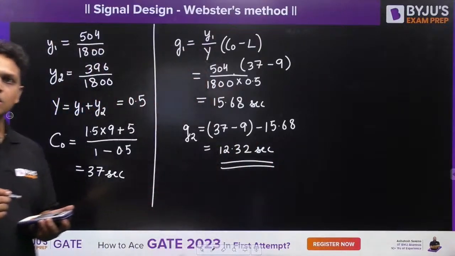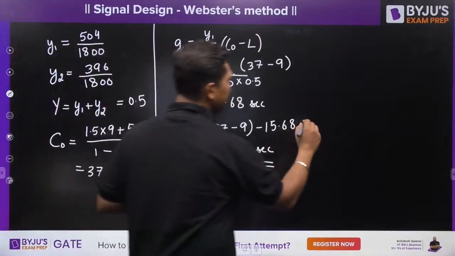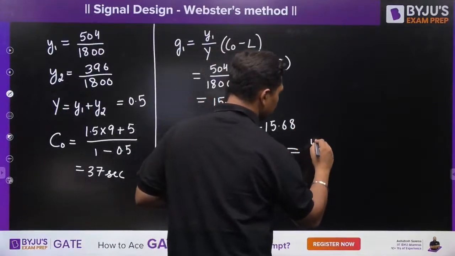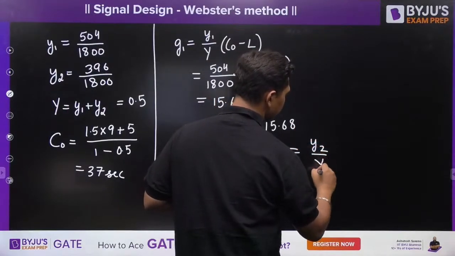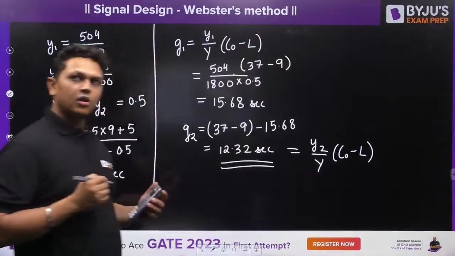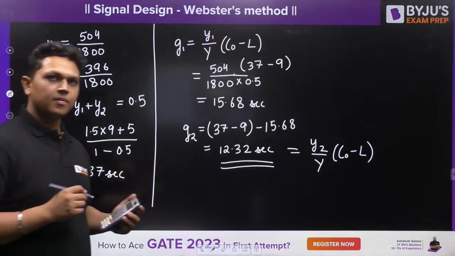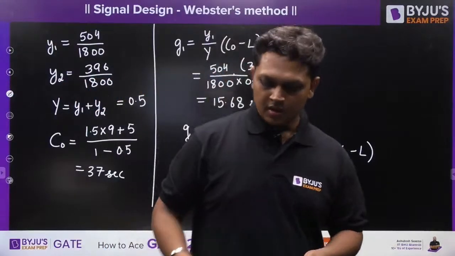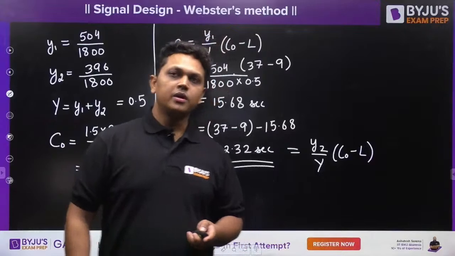Any doubt to anyone? You can calculate this. You will get the same value from y2 by y, into C naught minus L. You will also get the same value from there as well. Is the concept clear to everyone?